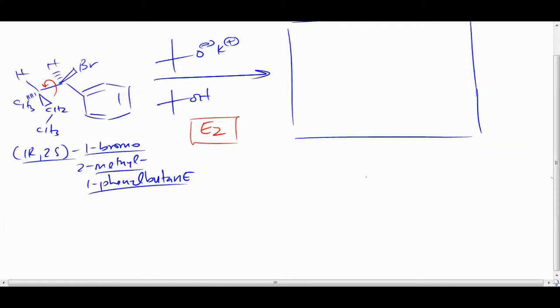We just want to rotate this slightly so this wedge and this wedge are in the same place, and this here is supposed to be on the dash. So these two switch, not these two.